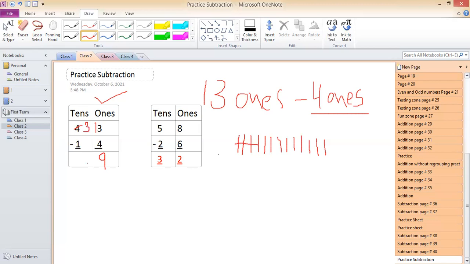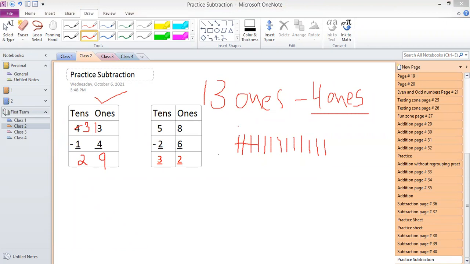Now 3 minus 1 is 2. So this is 29. Is it the correct answer? Yes. 29, that's very good. Yes, guys, 29 is the correct answer.